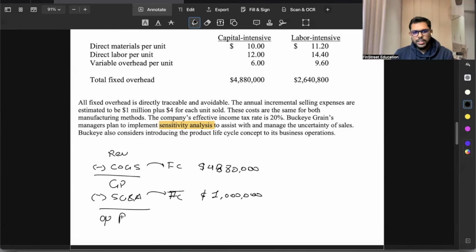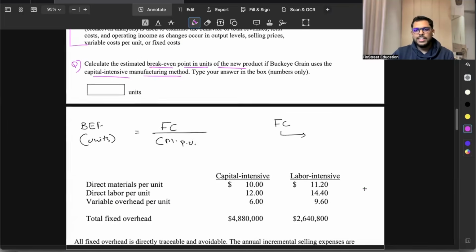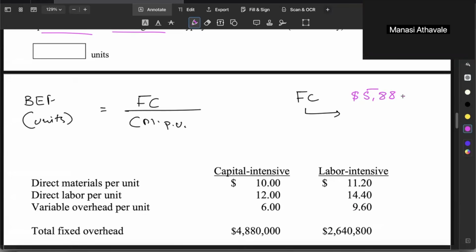And this gives us operating profit. Now, when we have revenue minus VC, CM minus FC, operating profit, both these numbers are part of this FC. So your actual FC will come out to be 4.88 plus 1 million. So guys, can you tell me now what is the fixed cost that we have? 5.88 million. Correct. 5.88.